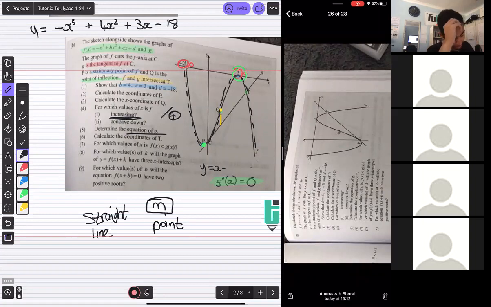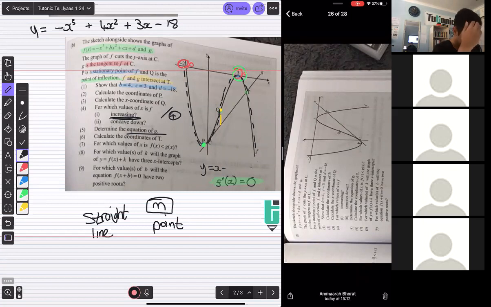You're finding the derivative because that's the gradient of the cubic function, the first derivative. You sub in the x value of the coordinates of p, and that will give you the gradient at p, which is what you want, because the gradient of the graph at P is the same as the gradient of my tangent.